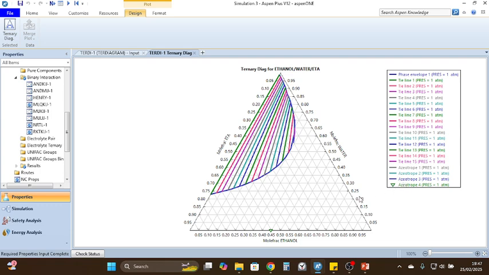So one azeotrope is given at this particular temperature, at this particular concentration of 0.45 ethanol. What is the composition of this particular azeotrope? Can anyone tell me?